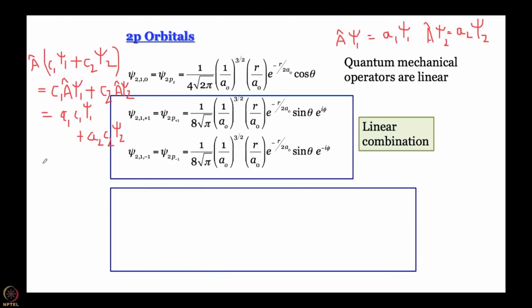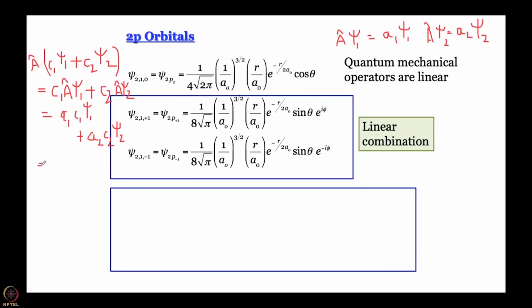Now see, if this is to be an eigenvalue equation, what is the condition? Eigenvalue equation means this C1 psi 1 plus C2 psi 2 should somehow be able to go into a bracket. That is only possible if you can take out A1 and A2. When will that happen?